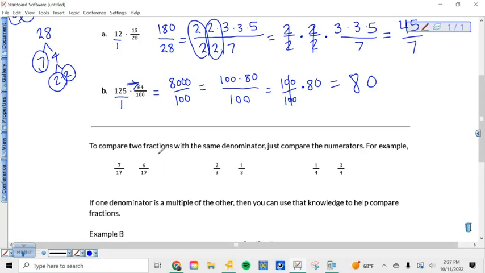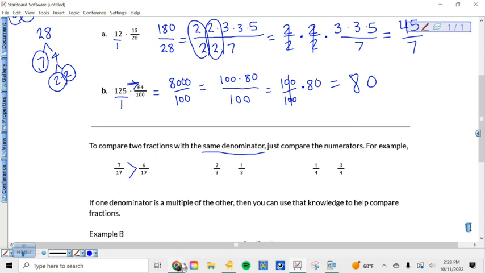Comparing fractions. Which one is greater? 6/17. So when we have two fractions with the same denominator, all you got to do is compare the numerators. So these two have the same denominator, right? 17. Which one is bigger, 7 or 6? 7 is bigger.